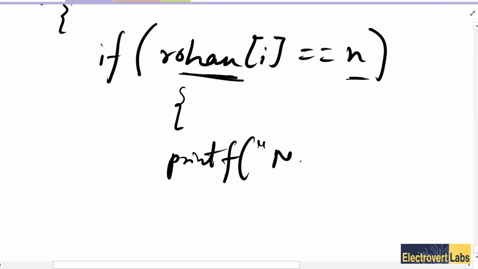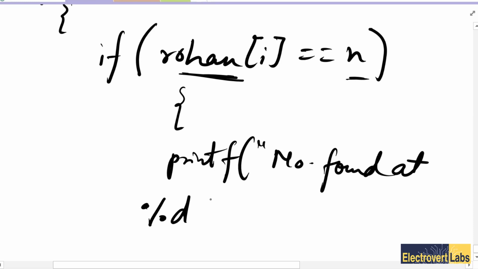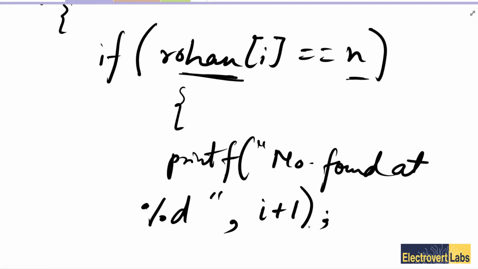Print "number found at %d", which is the position at which we have found the number, i plus 1, because i is the index number. So if you have found it at index number 0, this is basically the first position, so 0 plus 1.